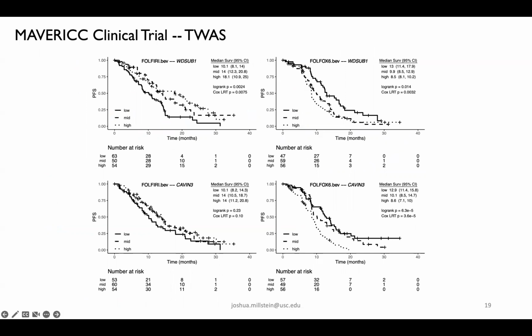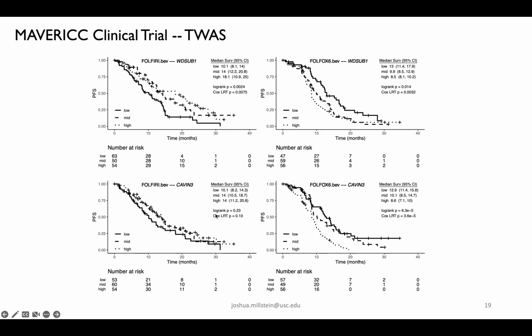For instance, if we look at the WDSUB1 gene, dividing the predicted genetically imputed gene expression into three groups, low, medium, and high, we can see that low predicted expression is the worst and high is the best in patients treated with the FOLFIRI-Bev combination, but the reverse is true in patients treated with FOLFOX6-Bev. So low predicted expression is good here, and high is bad.